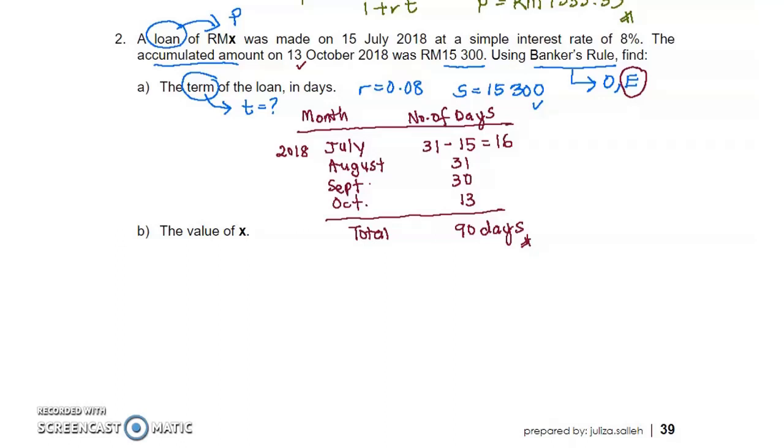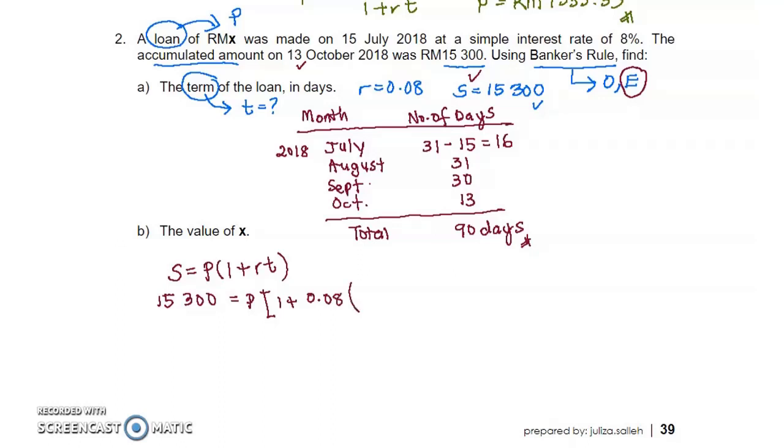So we use the formula S equals P(1 plus RT), since we have info about S. S, 15,300, equals P(1 plus RT). R is 8%.